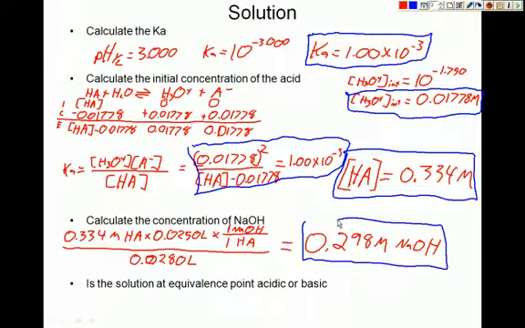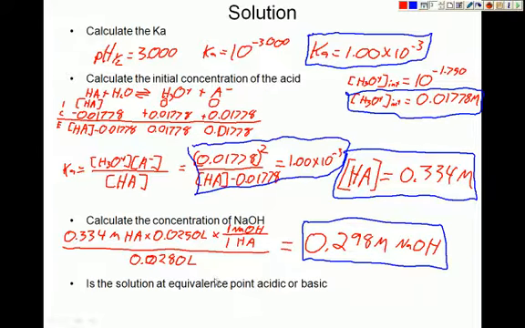Since this reaction is at the equivalence point, all of the NaOH is going to react with the HA, so we don't have to worry about an ICE table. It's all going to react at the equivalence point, so we can just use stoichiometry, and we see that the concentration of NaOH is 0.298.